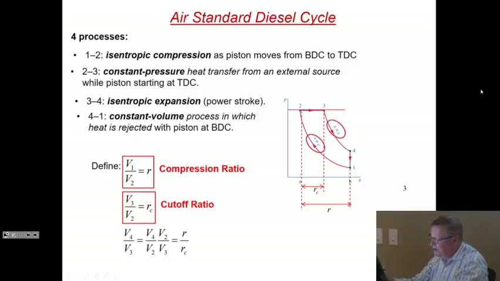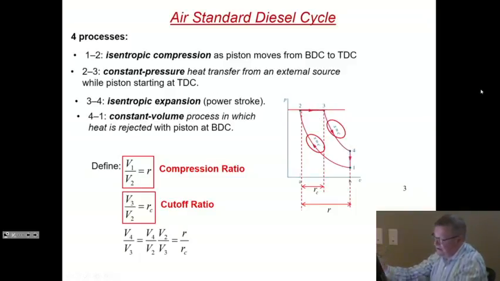Well, this way down in volume change is R sub C. That's the cutoff ratio. It's the ratio of V3 to V2. Whereas, of course, we have the classic compression ratio, which is the ratio of V1 to V2, is here.